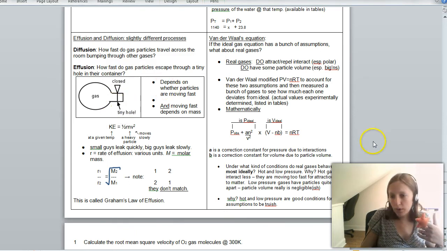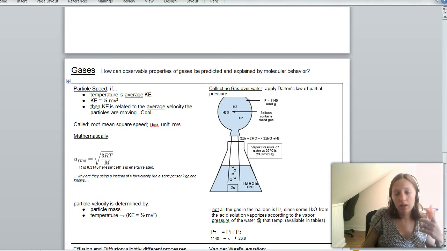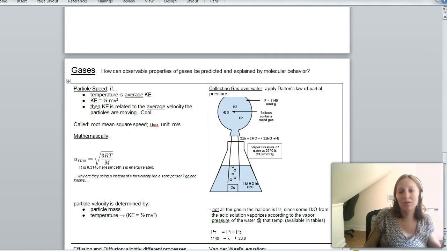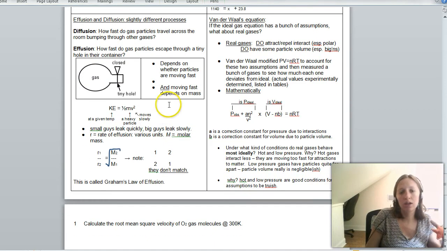And if you remember back up here with particle speed, the thing that matters is what the mass of the gas is, because if it's a heavy gas, it's moving more slowly, and if it's a light gas, it's moving more quickly.